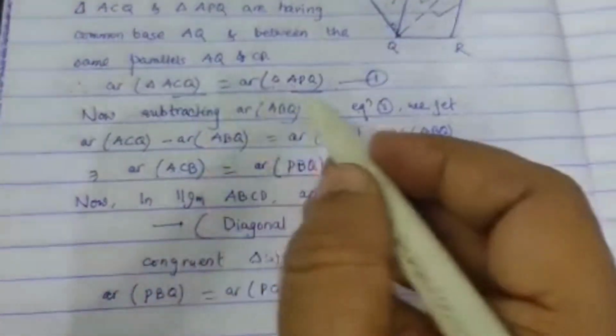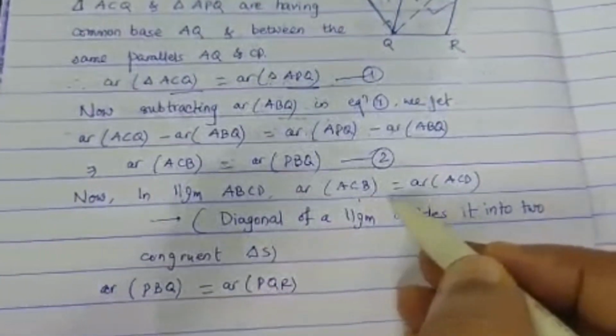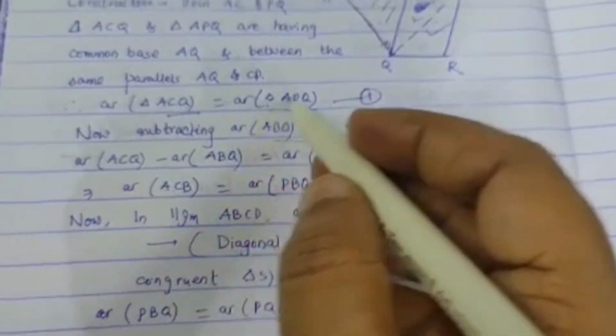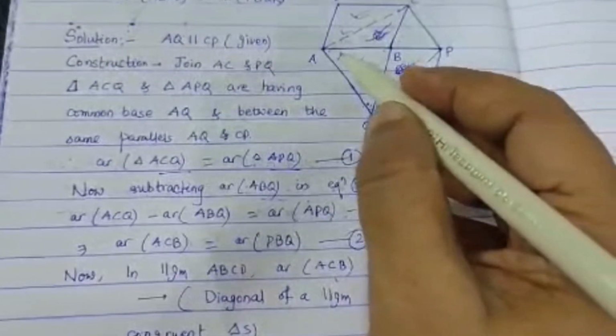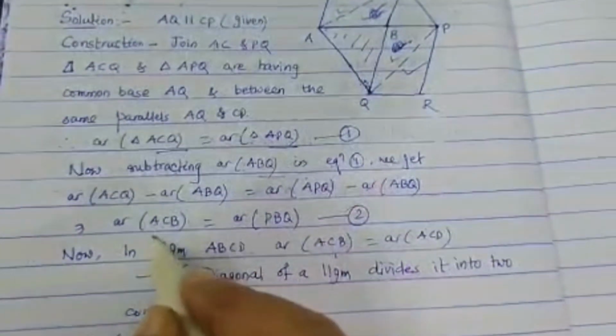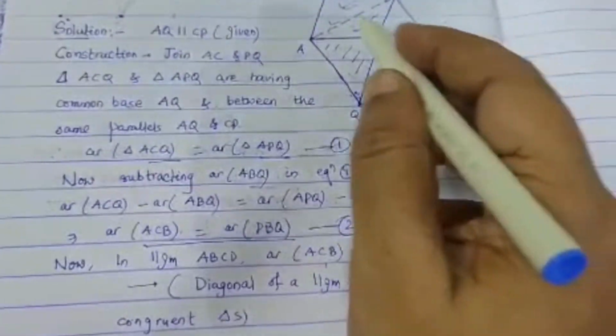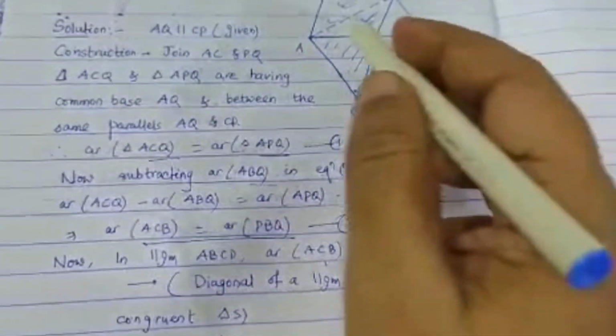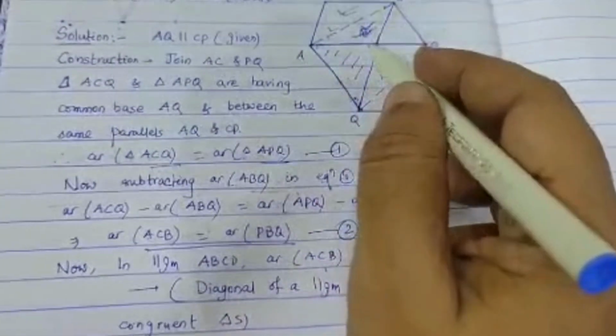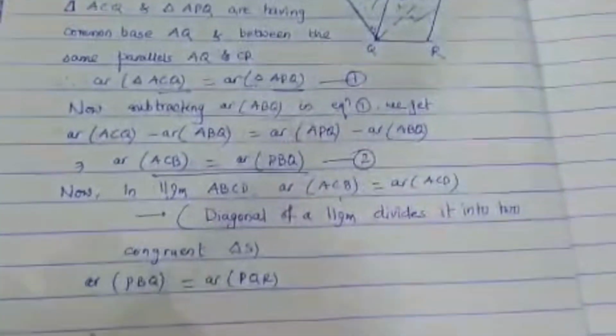Now also ACQ is equal to APQ. ACB is equal to PBQ. Now this is equal to this also, and this is equal to this also. So area ABCD is equal to area PBQR.